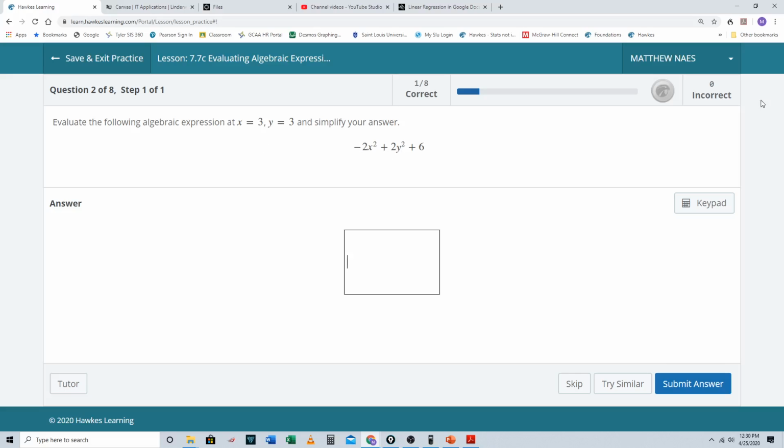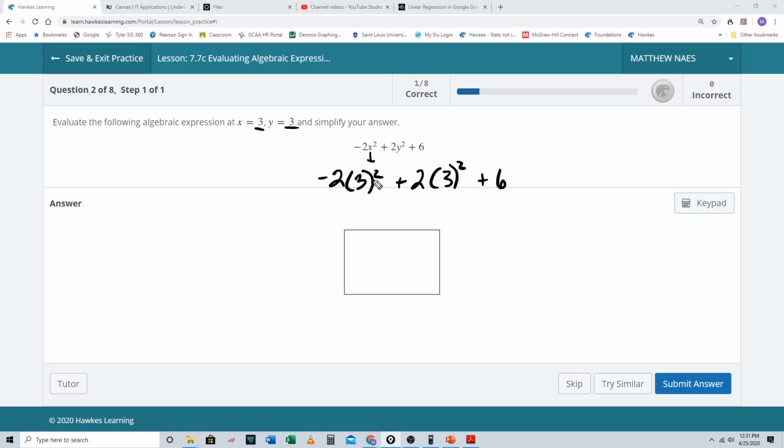All right, so here we have exponents. So when I plug these in, I'm plugging in 3 for both x and y. So this is going to become -2, parentheses, 3, squared, plus 2, parentheses, 3, squared, plus 6. Again, I can do this by hand. And if you want to do this by hand, just follow along.